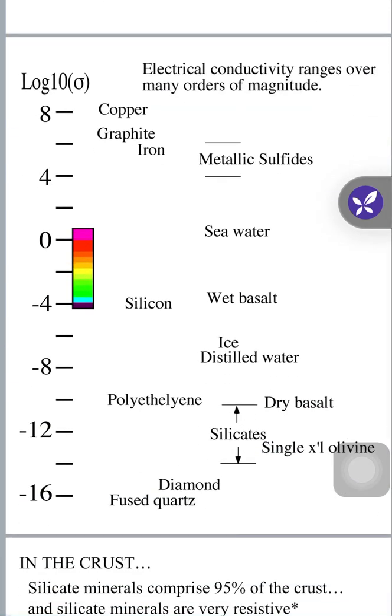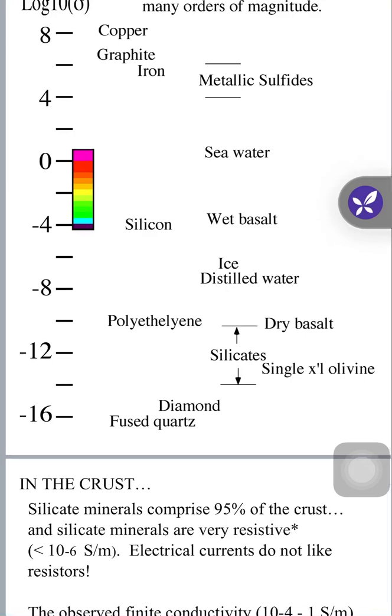This is the electrical conductivity range over many orders of magnitude. The range varies from 10 raised to the power of -16 to 10 raised to the power of 8. Different magnitudes are set to find out the conductivity and resistivity of different rocks, lithologies, and strata.